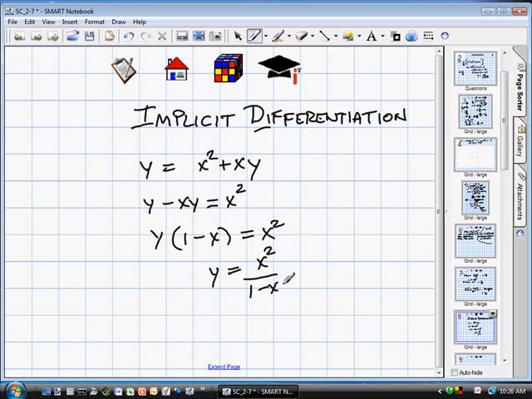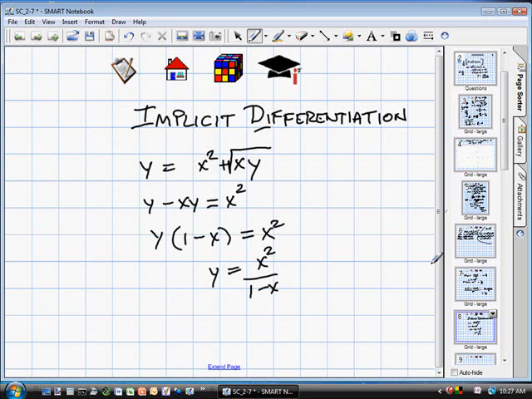There are some equations that you can't solve for y very well. What if I'd had this, for example? Now you've got a real stinker of a problem. Anyway, the lesson today says it's okay.